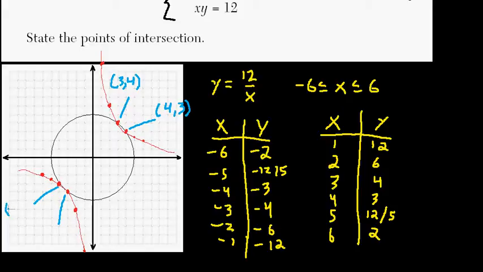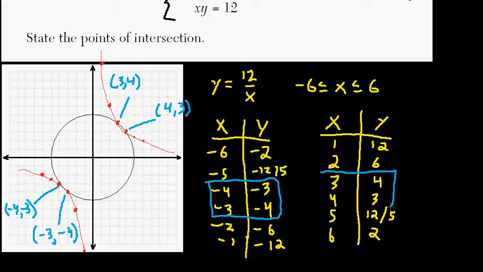And this is the point -4, -3. And this is the point -3, -4. Okay, so I'm going to say that these guys are our points of intersection. Now you can go back in and verify that they work, and you should do that.